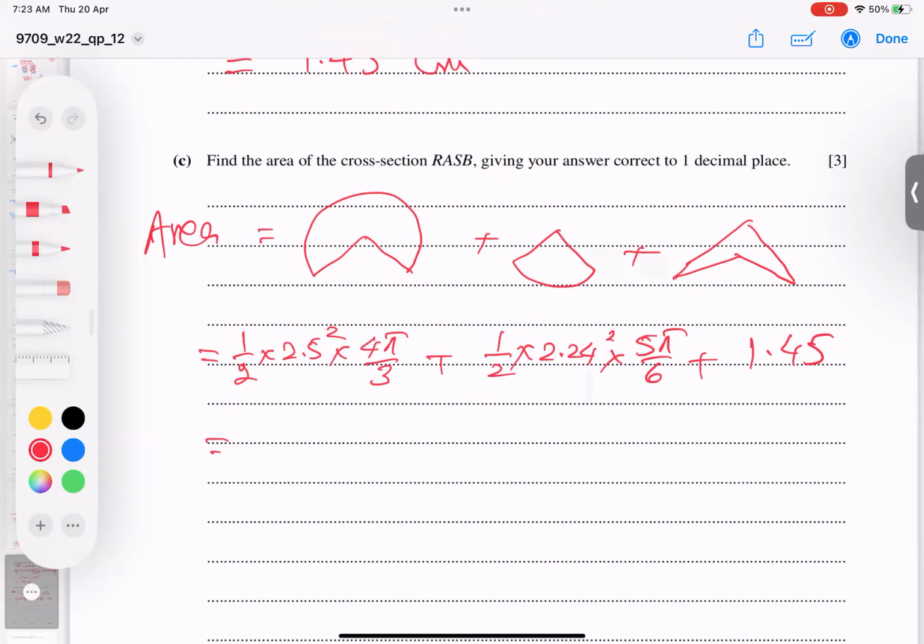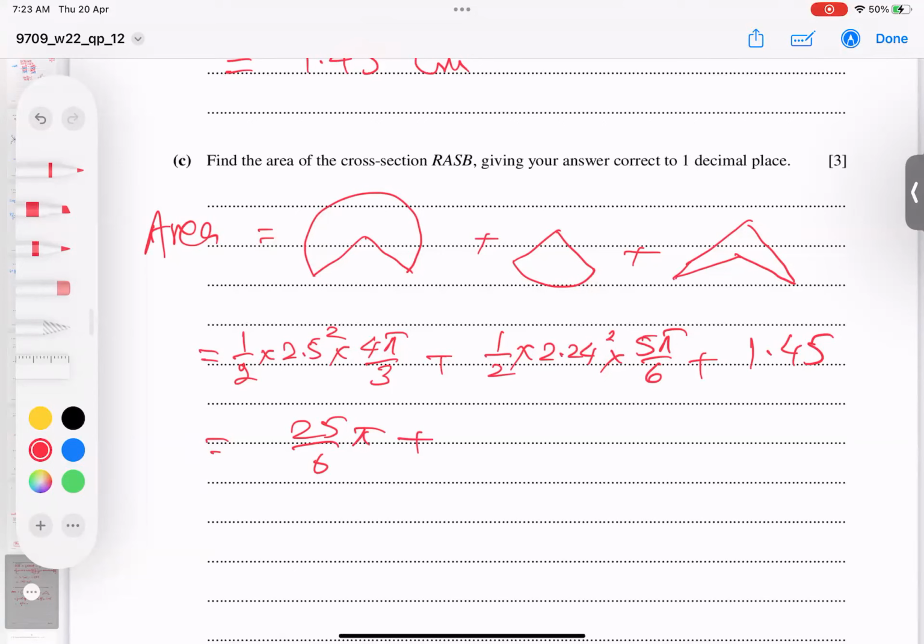When I type this, first one, I'm typing in the calculator half into 2.5 square into 4 pi by 3. It is coming 25 by 6 pi. And the other one, half into 2.24 into 2.24 square into 5 pi by 6.